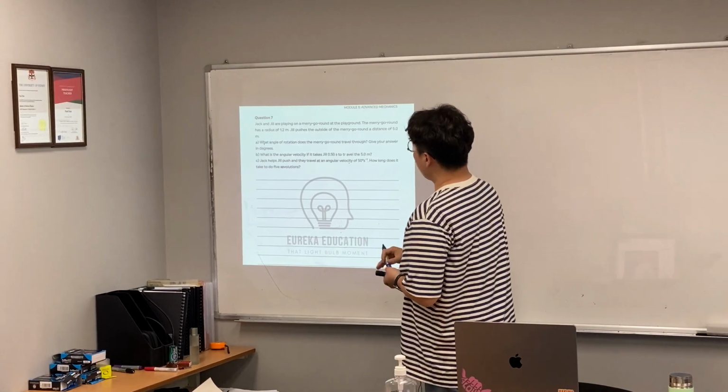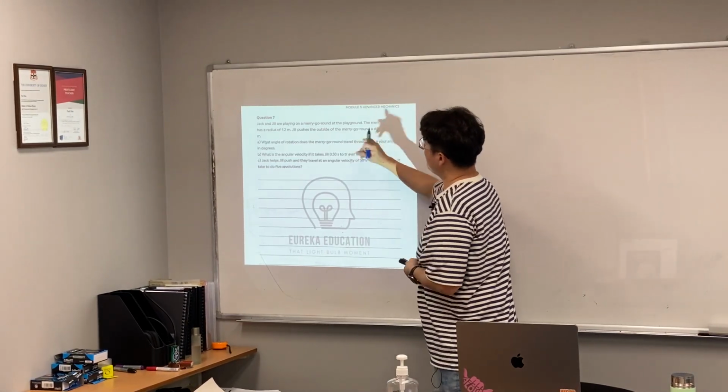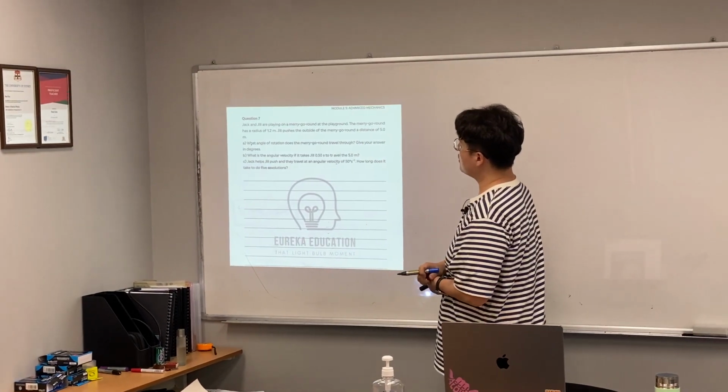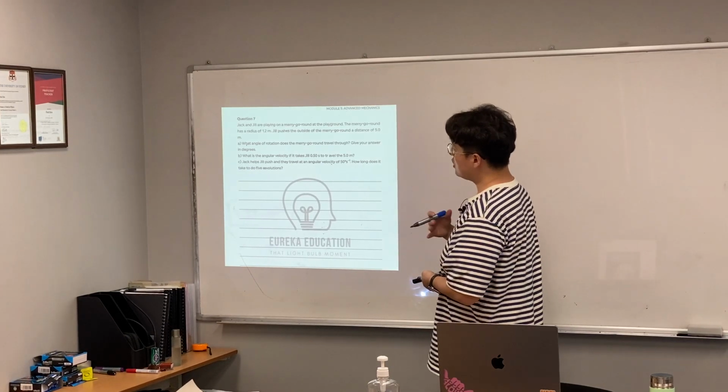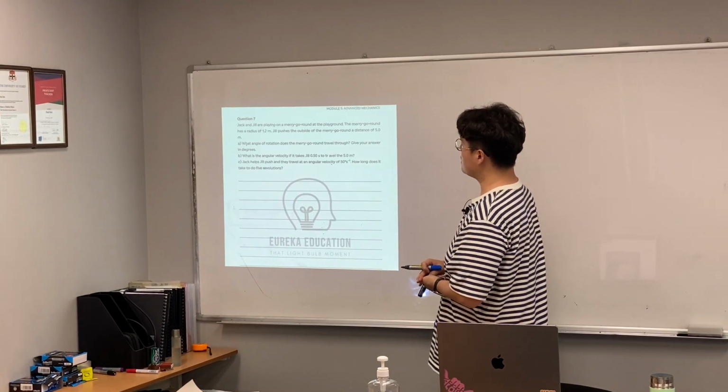Jack and Jill are playing on the merry-go-round at the playground. The merry-go-round has a radius of 1.2 meters. Jill pushes the outside of the merry-go-round through a distance of 5 meters.